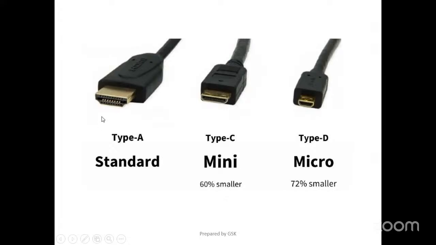The third category is micro HDMI, also called Type D HDMI. This Type D micro HDMI is 72% smaller compared to the standard Type A HDMI. So these are the three different types of HDMI cables regarding their size.